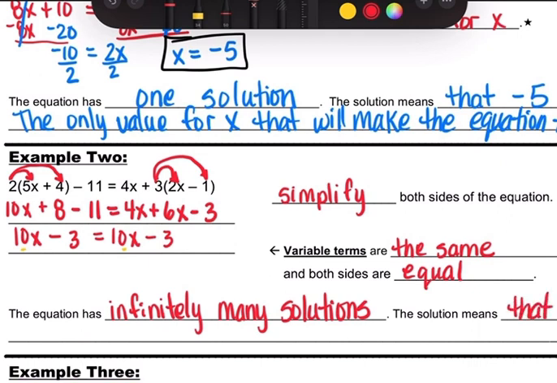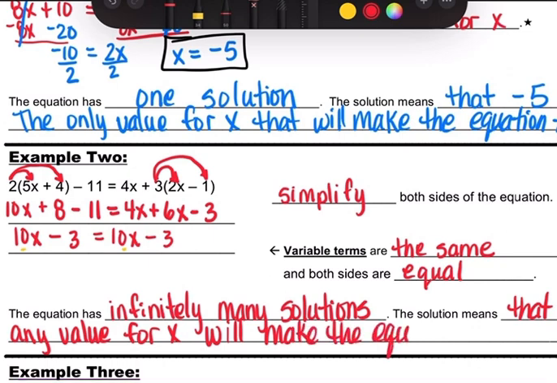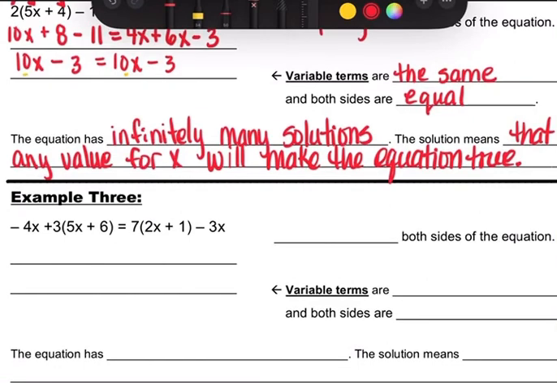The solution means that any value, that means any number, any value for x will make the equation true. So that table at the top that I showed you earlier is very, very important because of this.